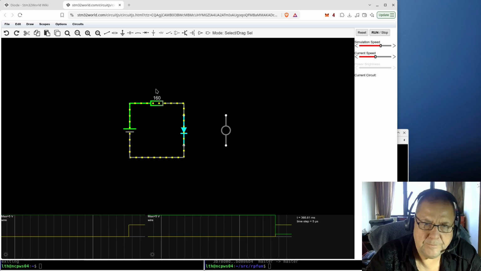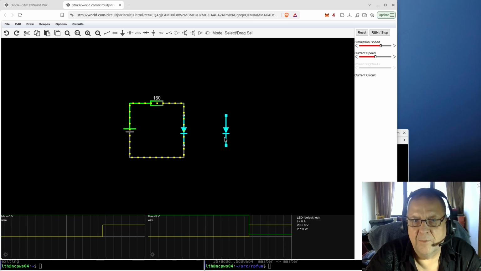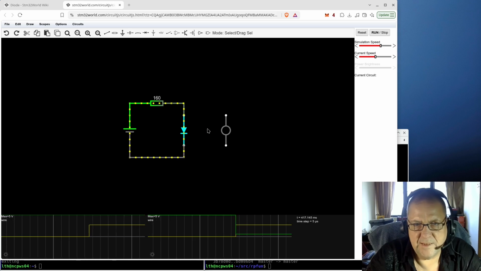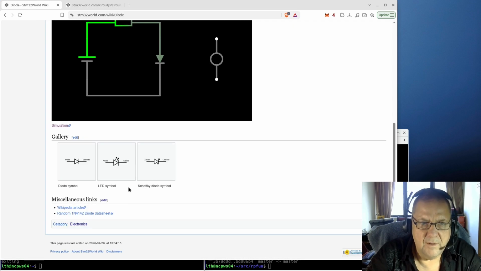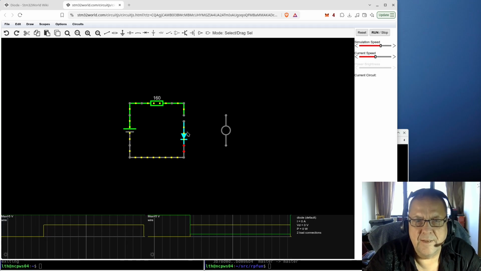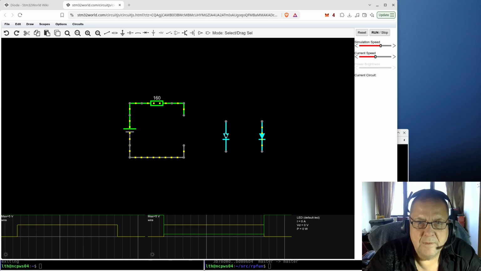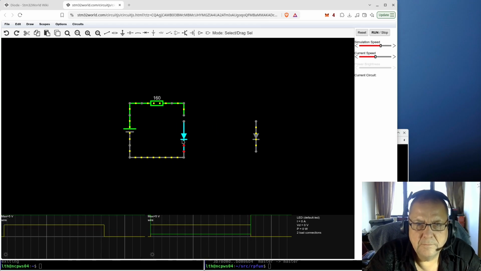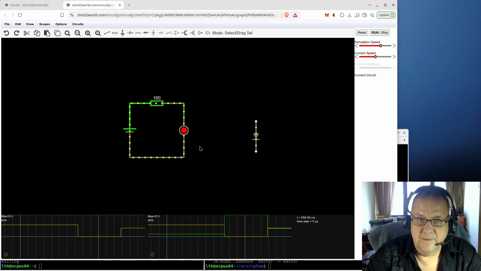Now, as I mentioned, a LED, and over here I have a LED. It's not the correct symbol, but that is a circuitjs limitation. But if we try to replace this diode here with this LED here, you can see that the LED is on.